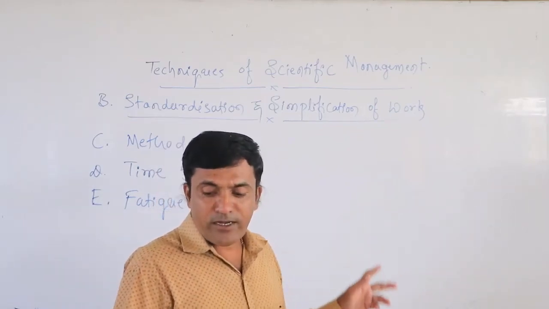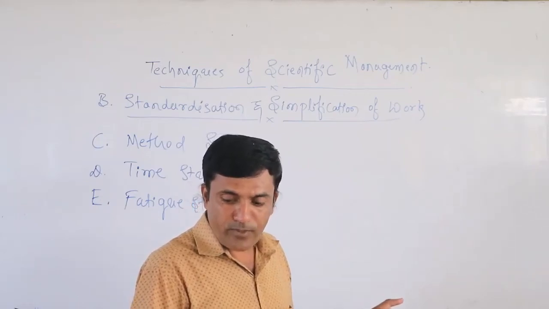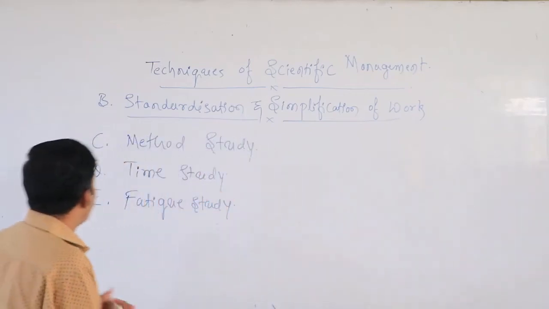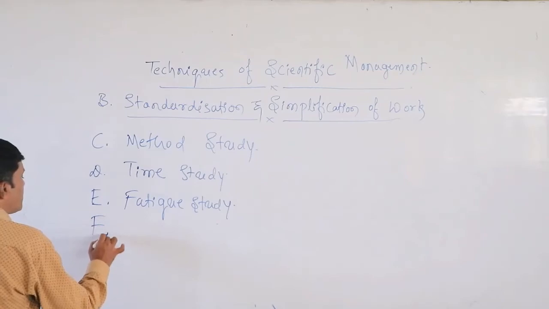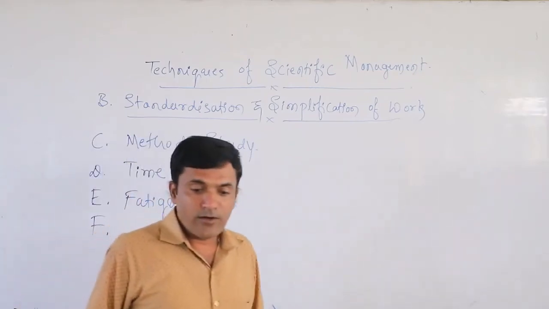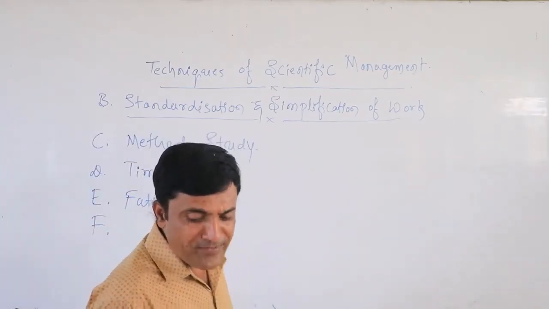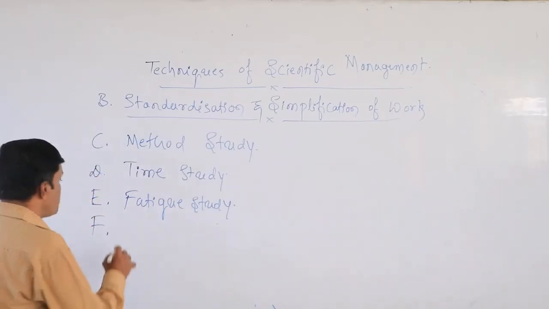Then the next one, point number F, what is that? Differential piece wage system.